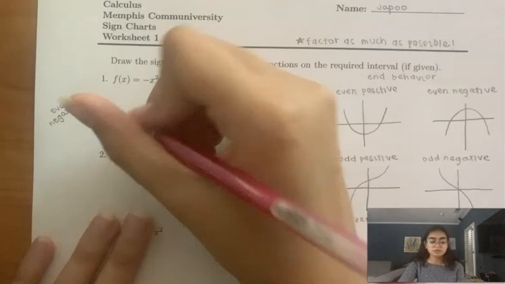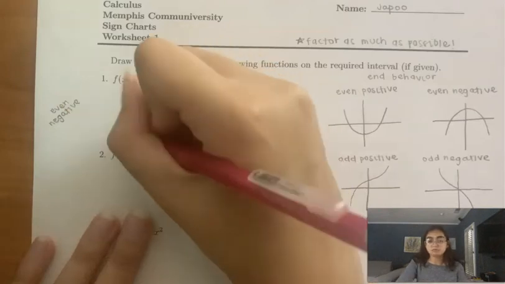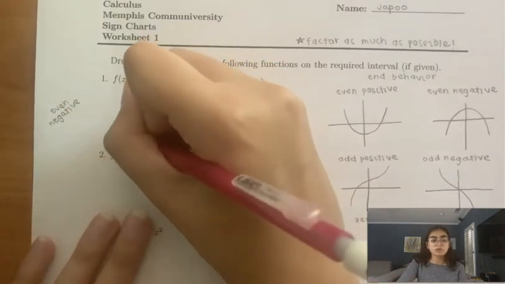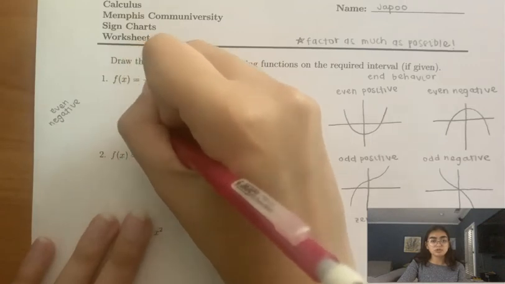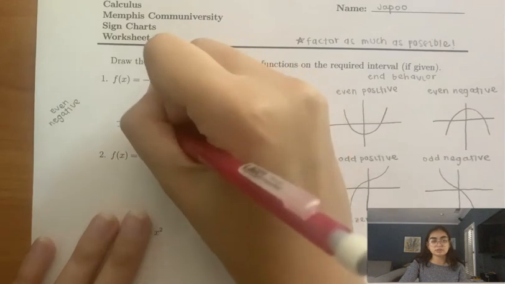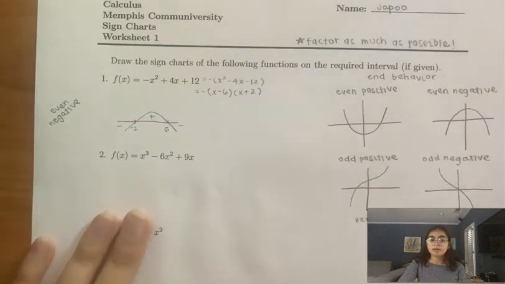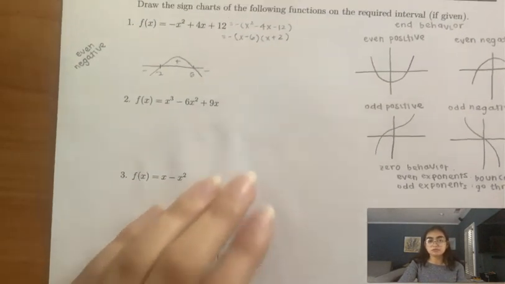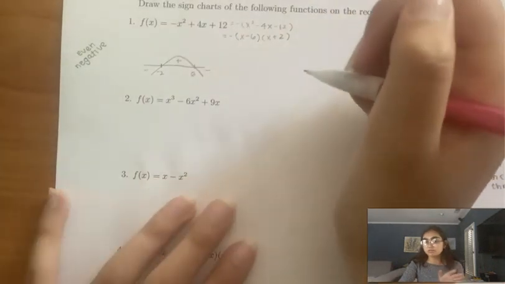And since 1 is an odd number, and based on the rules that zero behavior follow, odd exponents mean that the function is going to go through the number line at that number. So we're going to actually draw our function to go through the number line at negative 2 and 6. And then we're going to mark where the function is negative and positive, and that's our answer. That's the sign chart. That's all you have to do.